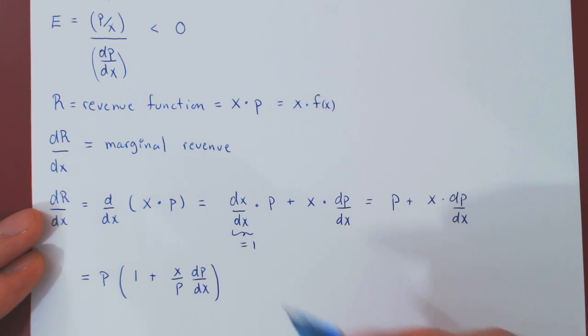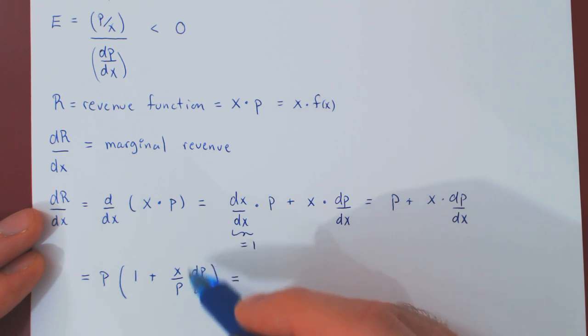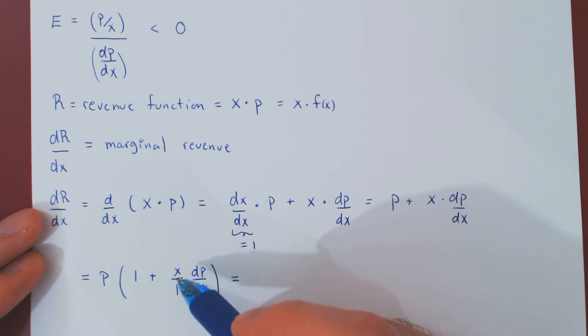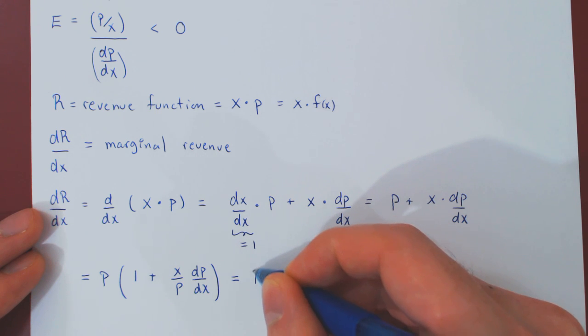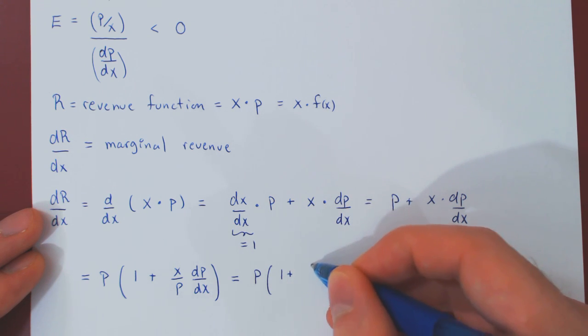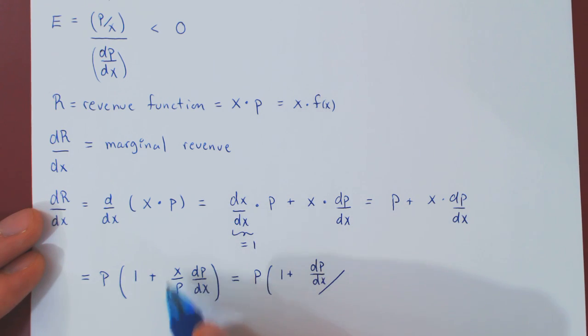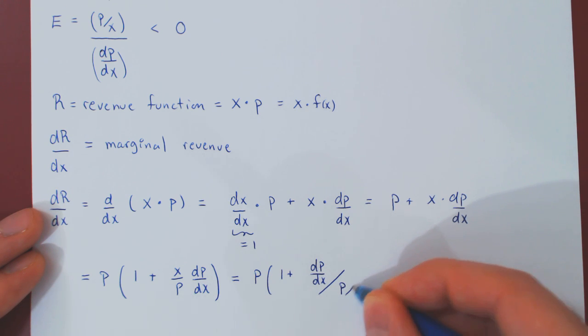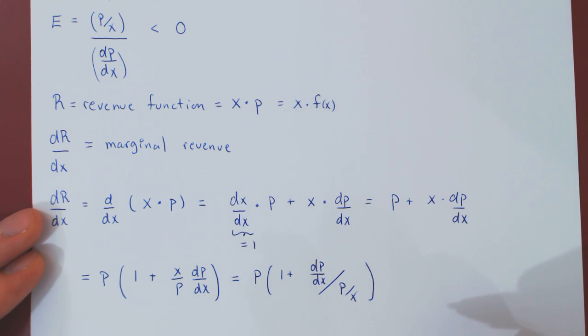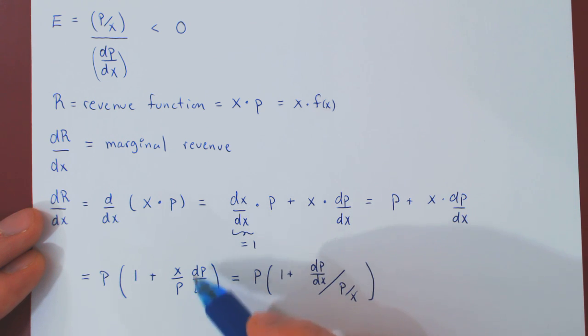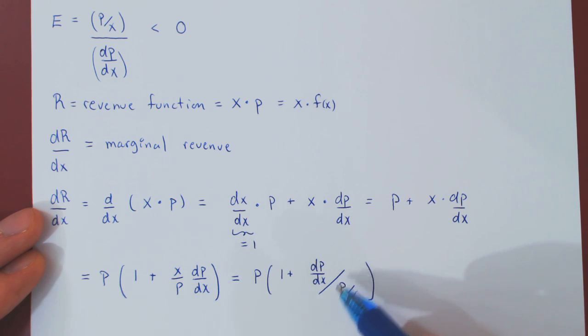And what's interesting now is what happens if I, instead of multiplying dP over dx by X over P, I divide dP over dx by the reciprocal, therefore P over X. As we've used many times before, if you divide by a fraction, it's the same as multiplying by the reciprocal, the inverse of the fraction.